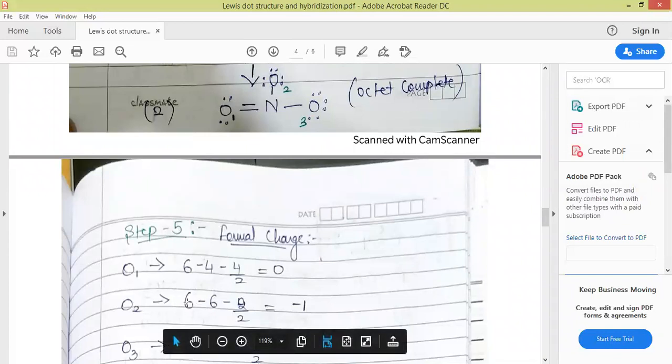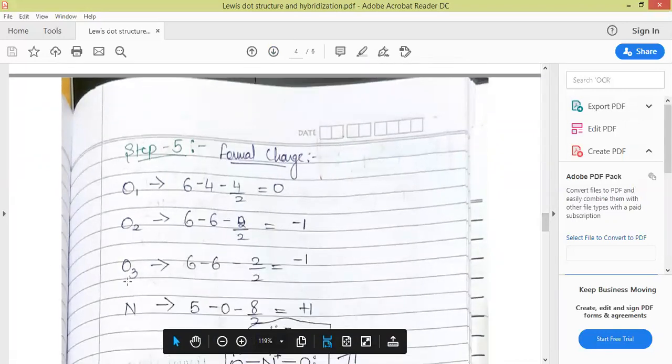For O2 it comes out to be 6 minus 6 lone pair electrons minus bond pair electrons divided by 2. It comes out to be minus 1. Then we calculate for the third oxygen, which also comes out to be minus 1.